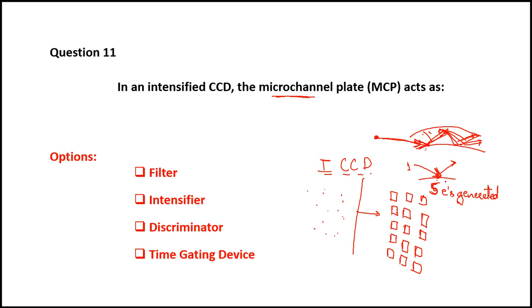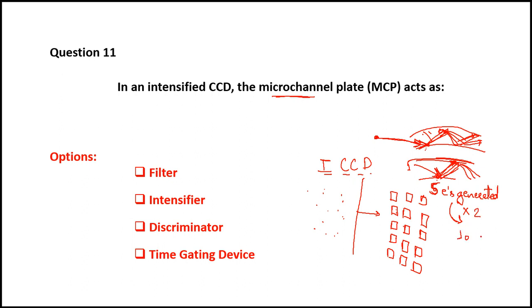Now again these electrons within the same system again strike here, and at this point, suppose these five are multiplied to 10, two times.